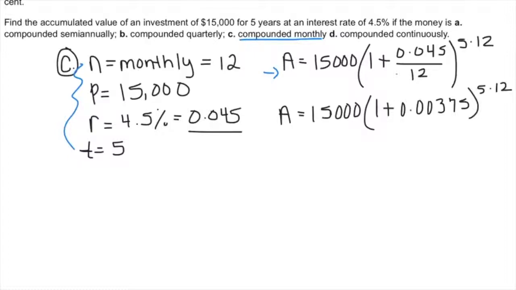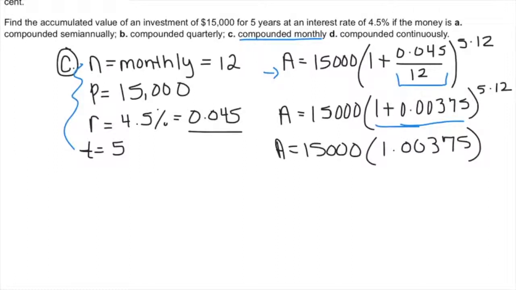Next, I'm going to divide 0.045 by 12, and I get 0.00375. Now I'm going to add 1 to that decimal in parentheses. I'll also go ahead and multiply the values in the exponent position. So 5 times 12 is 60.